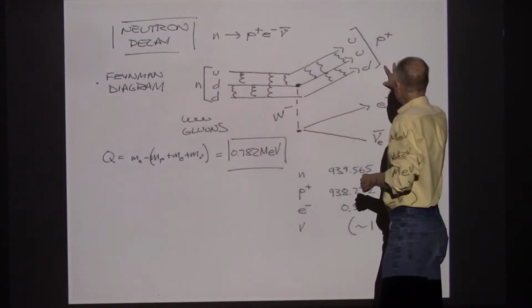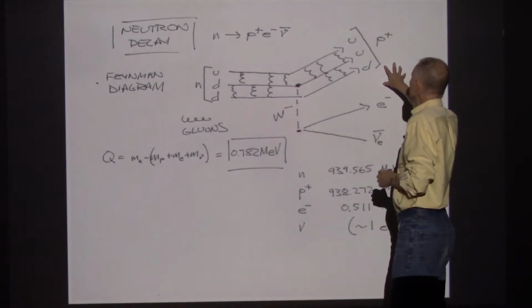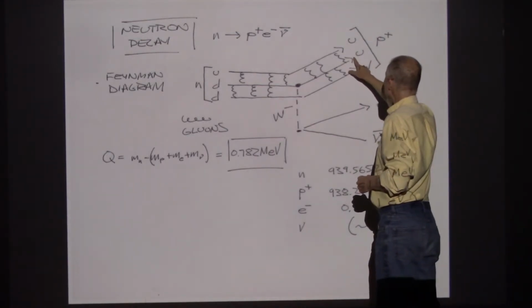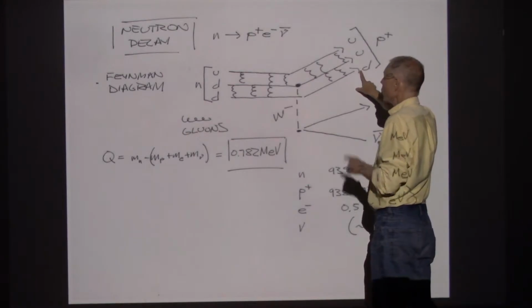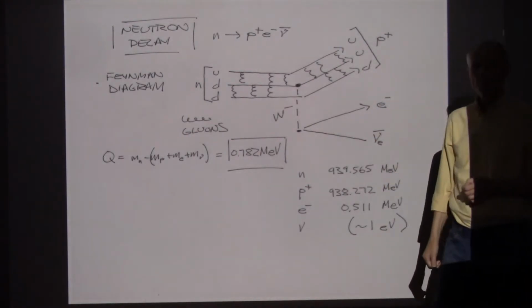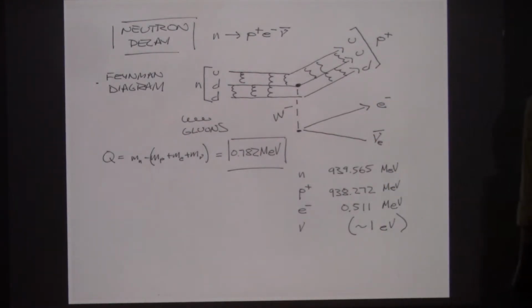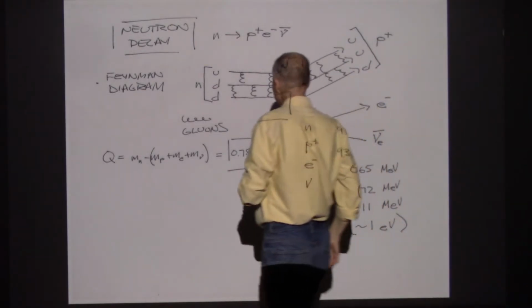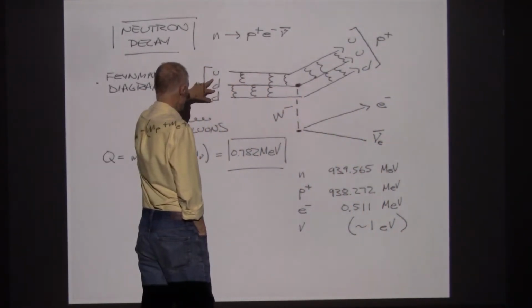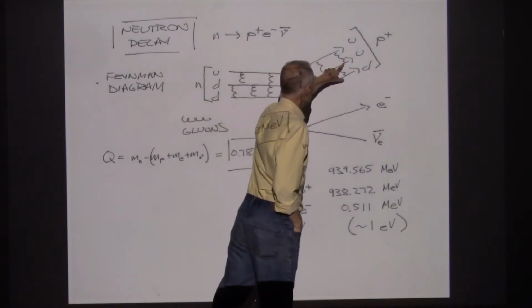And then what's coming out of the particle decay would still be those same quarks, but now one of them has changed flavor. We have gone from a down quark to an up quark.